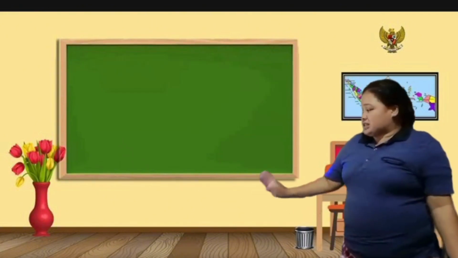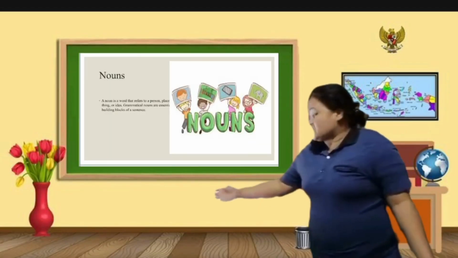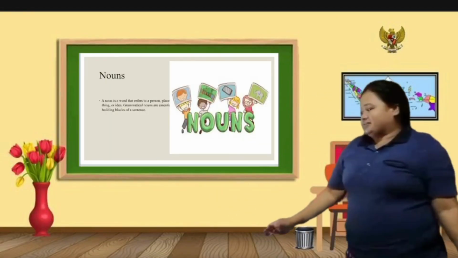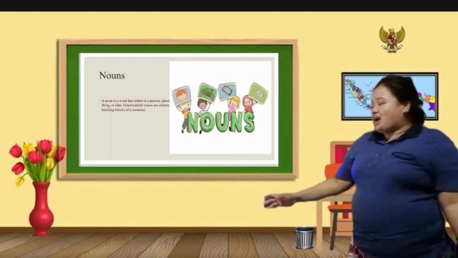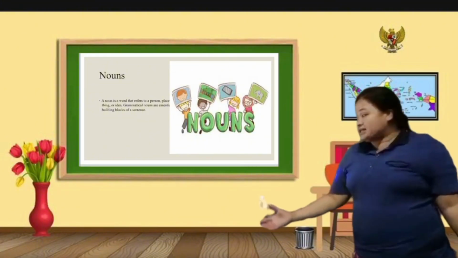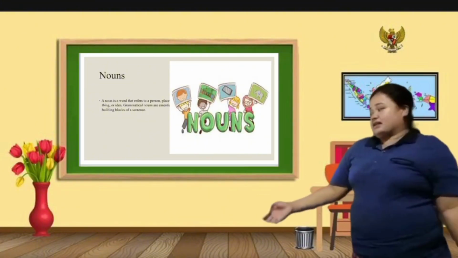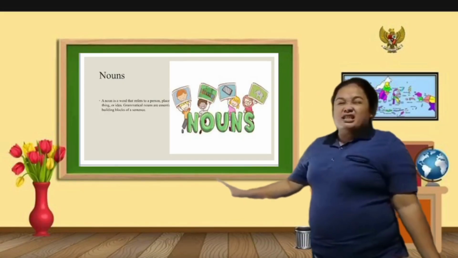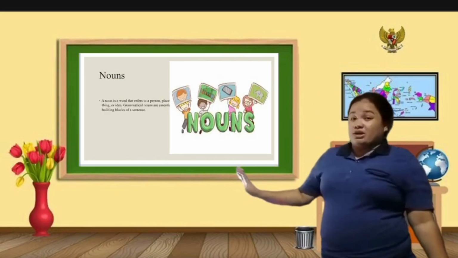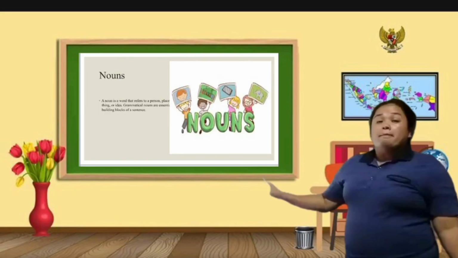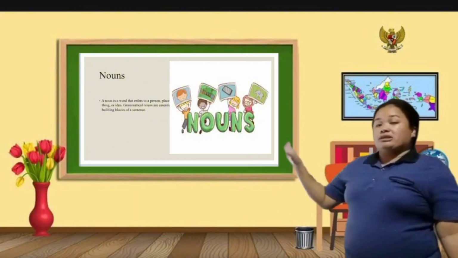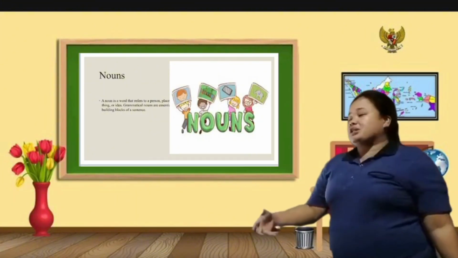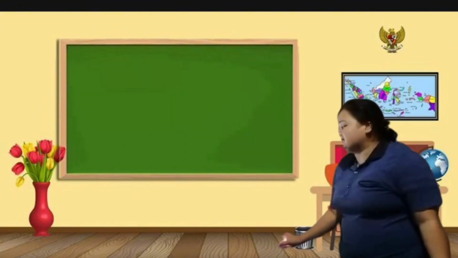I want you to read this. What is noun? Yes, a noun is a word that refers to a person, place, things, or idea. But actually, this explanation we already know since our elementary days. But for now, we're going to tackle it deeper. Alright?